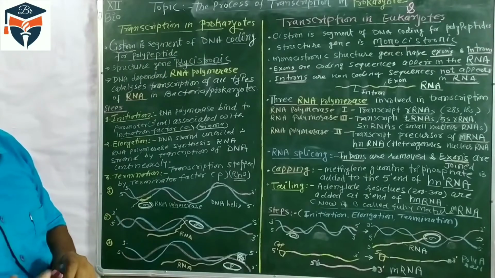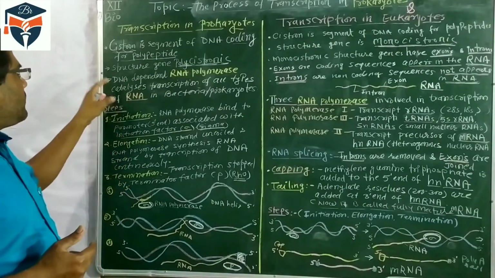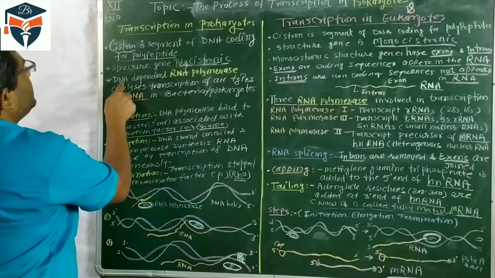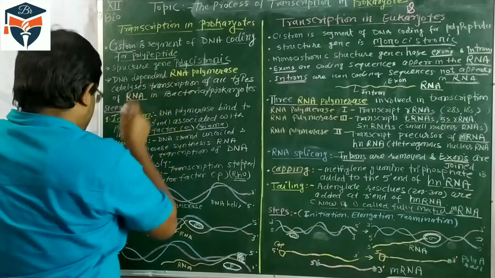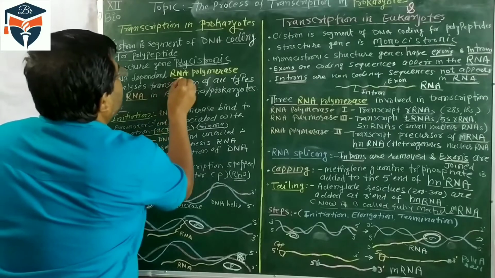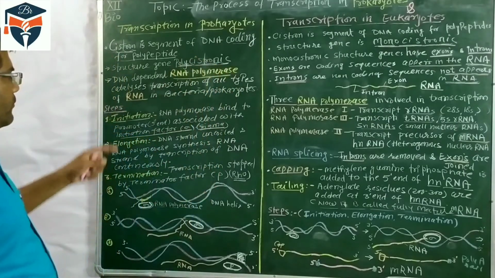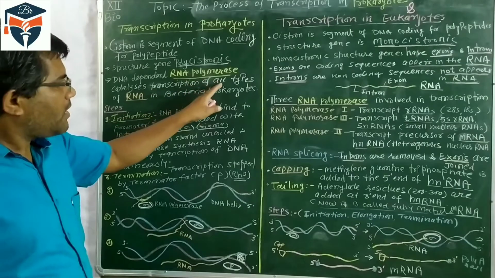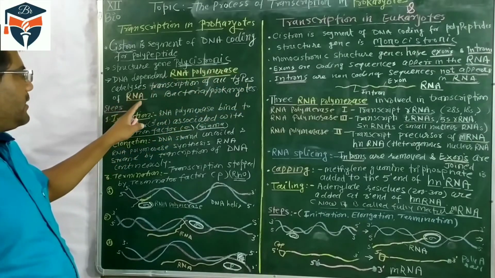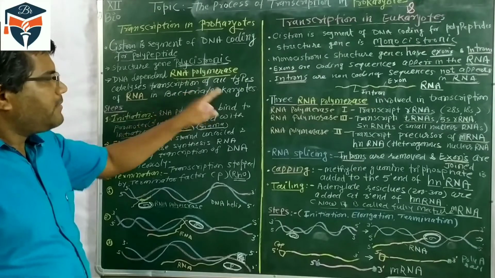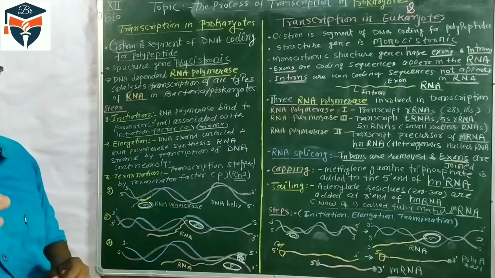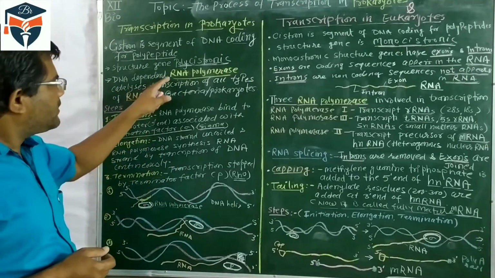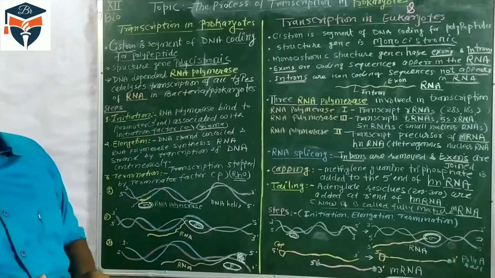Polycistronic means many cistrons. Then third, in the transcription process in prokaryotes, DNA dependent RNA polymerase is very important. The RNA polymerase enzyme catalyzes the transcription of all types of RNA in bacteria and prokaryotes. Try to understand the transcription process. One enzyme is required, and it is RNA polymerase.